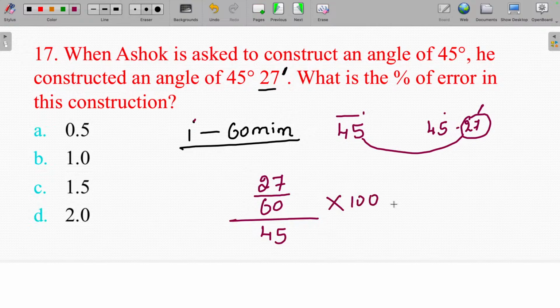Okay, 60. To convert any fraction to percentage, multiply by 100. At least you do this calculation. 27 divided by 60 into 1 by 45 into 100. At least you do this. You will get 1% as the answer because the multiples get cancelled.